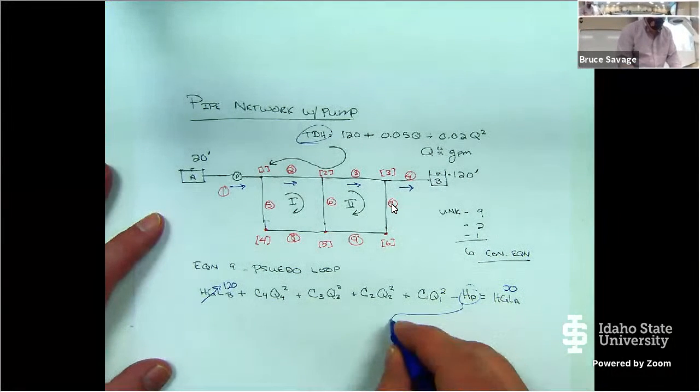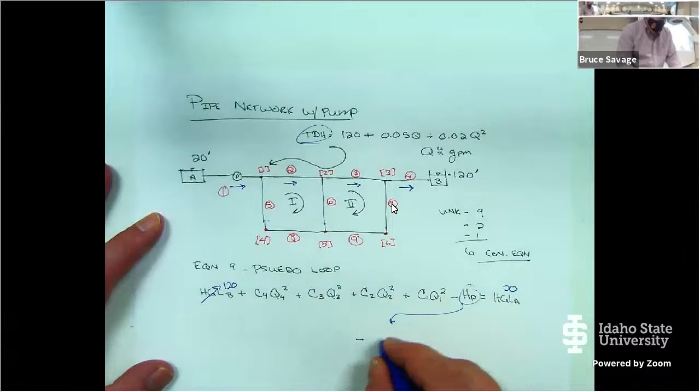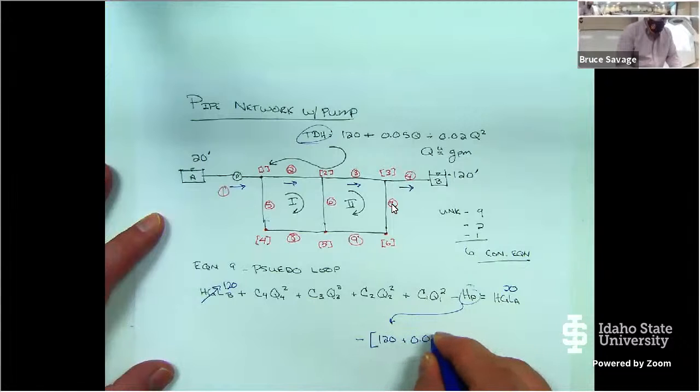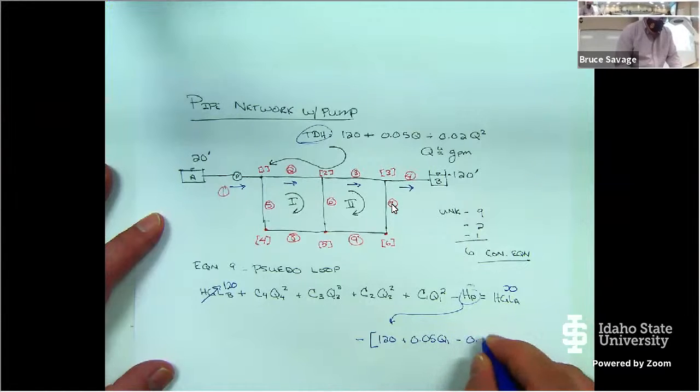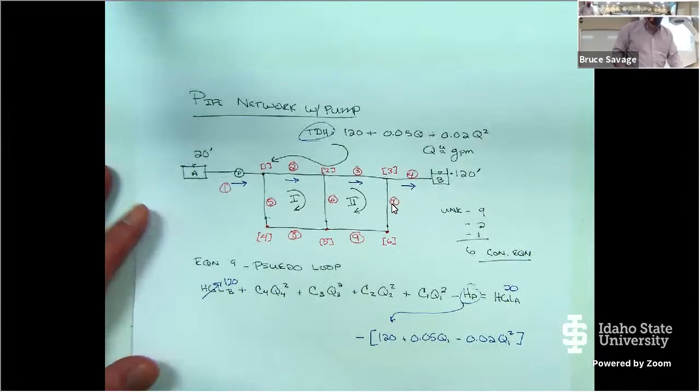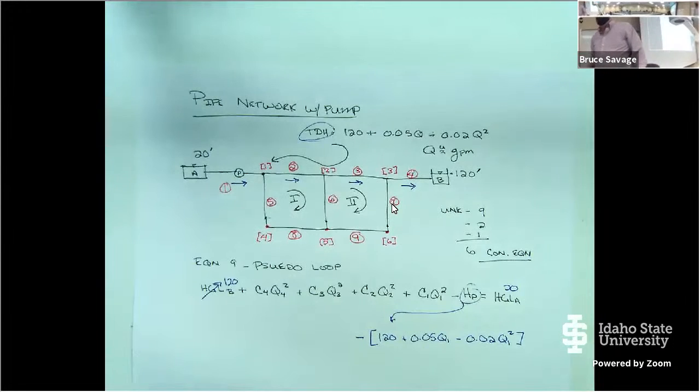So I can actually bring this term down here and write minus then in the brackets 120 plus 0.05 Q sub 1 minus 0.02 times Q sub 1 squared, end of the bracket. So I'm just putting that equation right in there, and I'm letting the negative sign go throughout the whole thing. Okay?